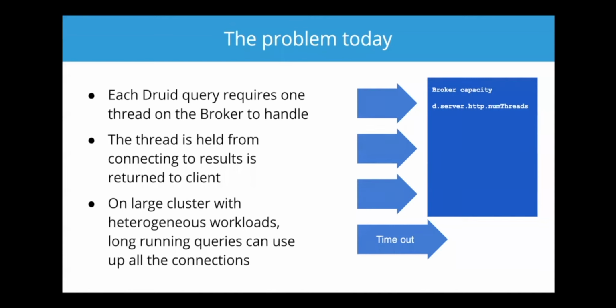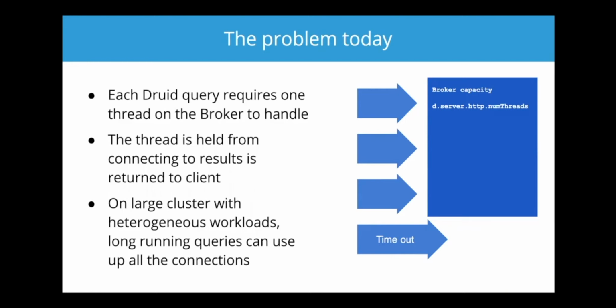This thread is tied up handling that one query from the moment that the user is connected to the broker until results are returned to the client. And the issue that can happen is on a large cluster with heterogeneous workloads, where you have some workloads that are interactive and some workloads that are reporting based. These long running queries can potentially use up all the connections.